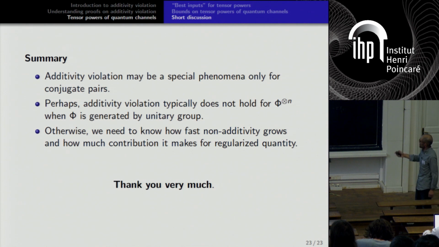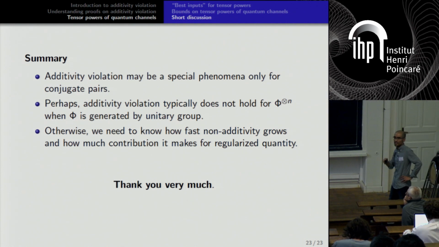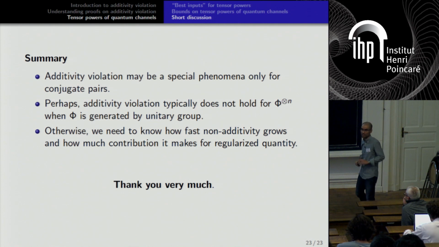So maybe additivity violation is a special phenomenon only for conjugate pairs. As I mentioned, conjugate pairs phi tensor phi bar. And additivity violation typically does not hold for phi tensor n when phi is generated by the unitary group. The result I introduced just a few slides before is about orthogonal quantum channels generated by the orthogonal group.